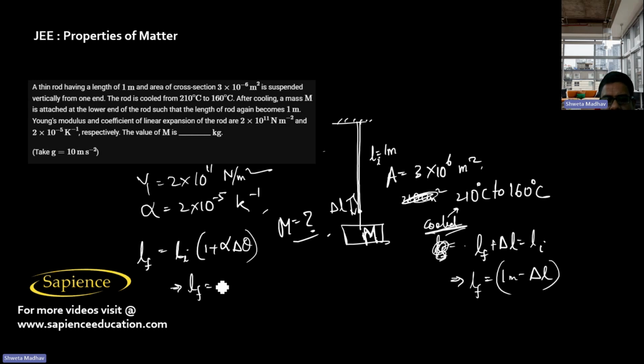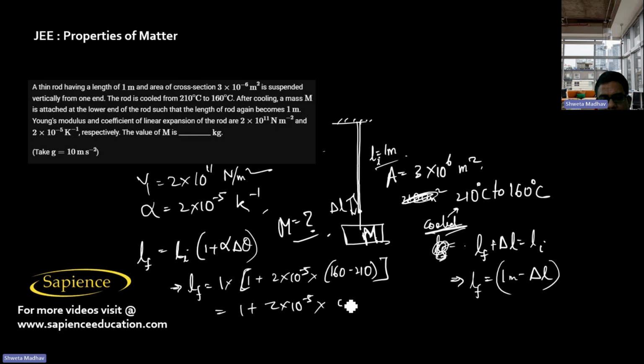Therefore, L final, with L initial being 1 meter, is 1 meter into 1 plus alpha, that is 2 into 10 power minus 5, into delta theta, that is 160 minus 210, which is minus 50.